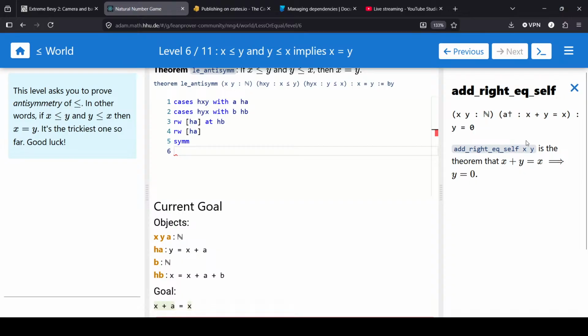Oh, so wait, this is like right. So this only goes one way. If it was like the double arrow, like the if and only if, then I would have been okay. Right? I think maybe not. I mean, I'd still need to have proof that A is 0, right?